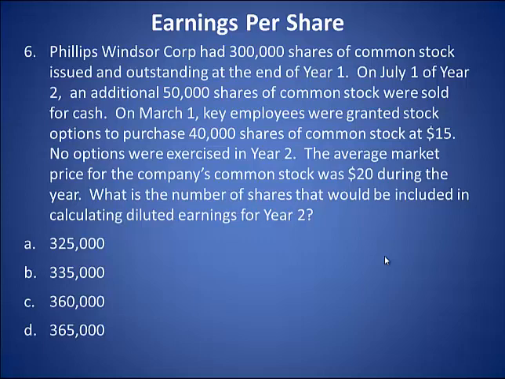None of these options were exercised in year 2. The average market price for the company's common stock was $20 during the year. What is the number of shares that would be included in calculating diluted earnings for year 2? So go ahead and attempt your calculations. Stop your video, and when you're ready for the answer, restart the video and review the solution slide.